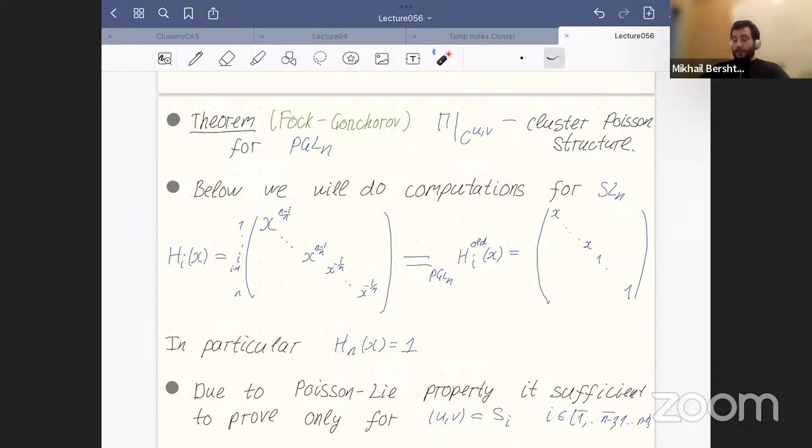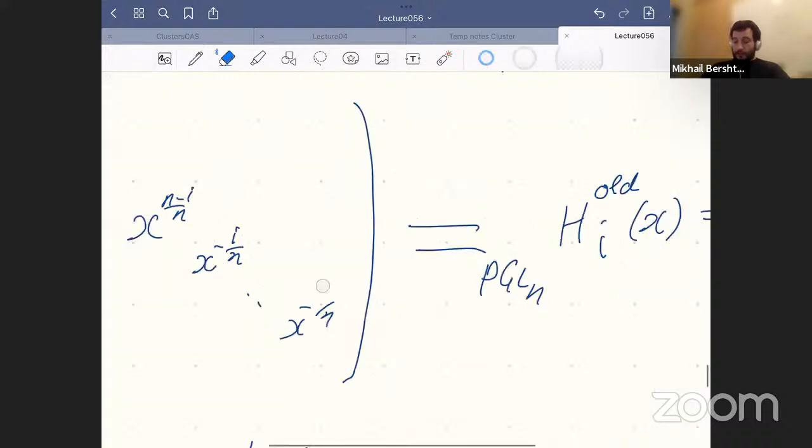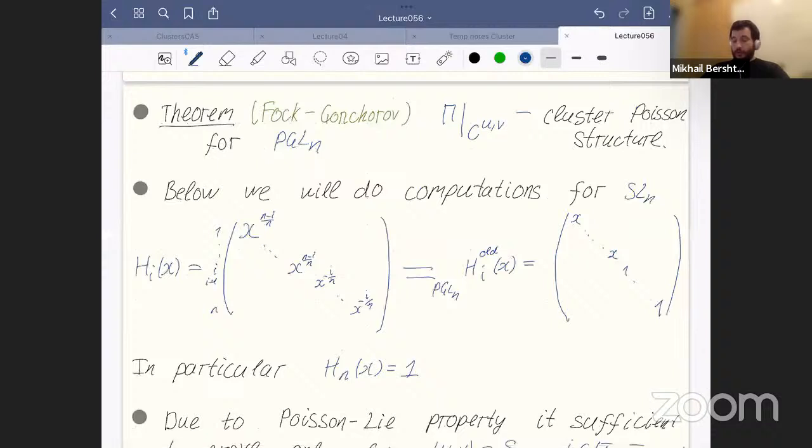So we get this matrix. Here is minus i over n. I don't know whether it's visible, probably not. This matrix has determinant 1 and up to a constant torus is equivalent to this matrix H which we had before.